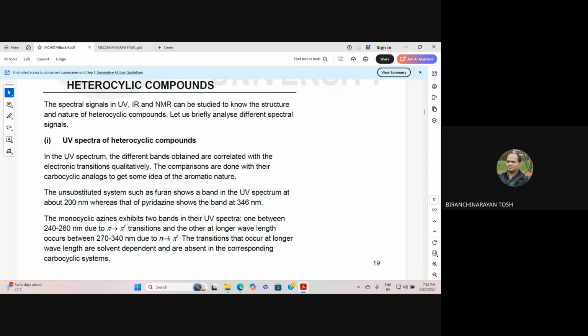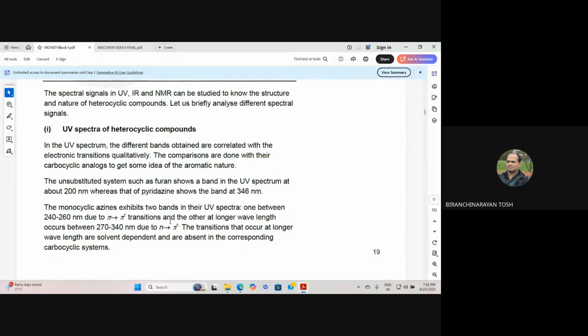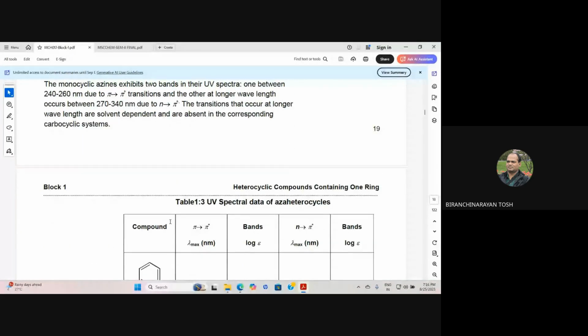So if the atoms contain lone pairs, the n to pi star transition occurs between 270 to 340 nanometer, which is in the far UV region, towards the visible region. That's why all heterocyclic compounds look colored.